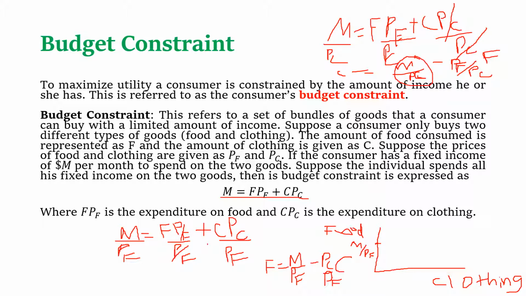The intercept on the clothing axis. So you write here M over PC. That's how we got that one.